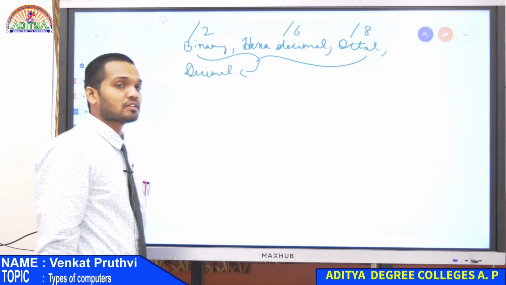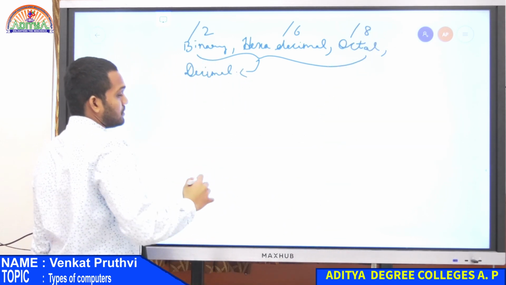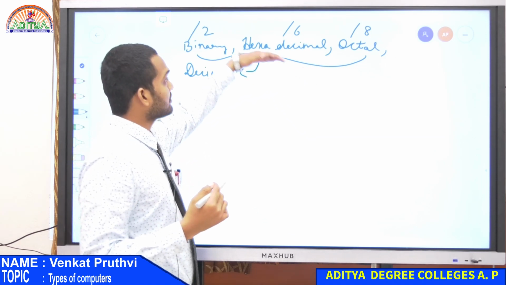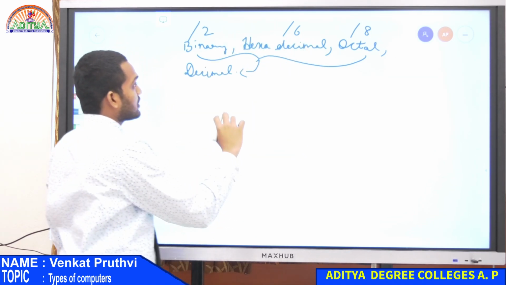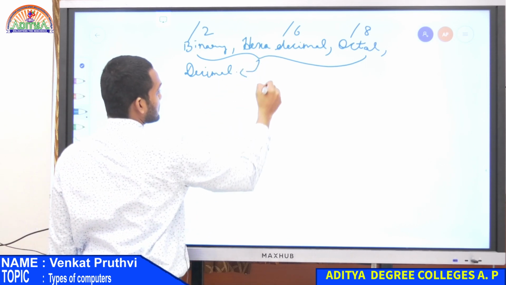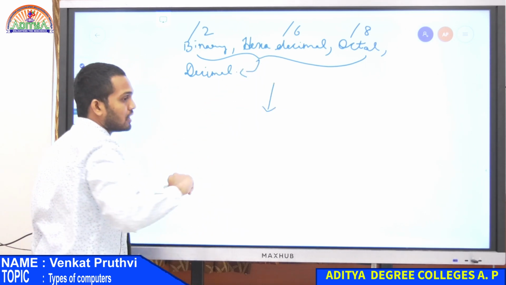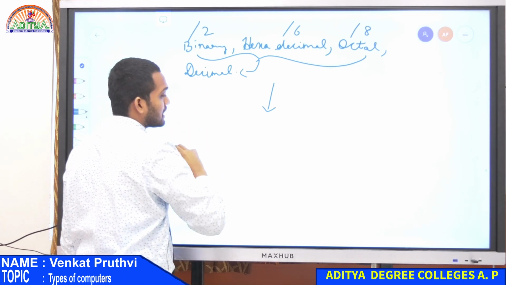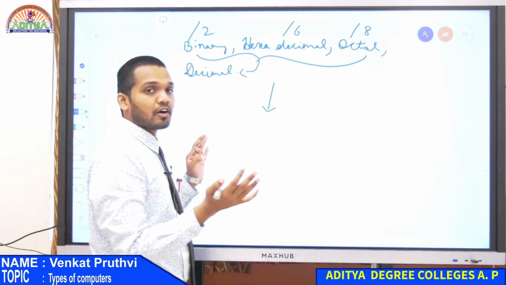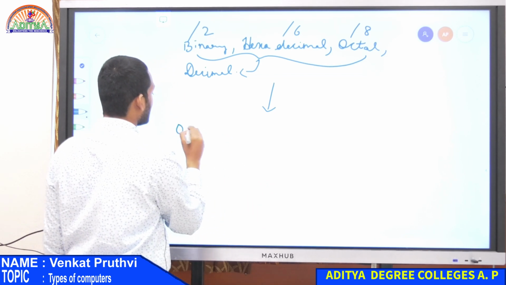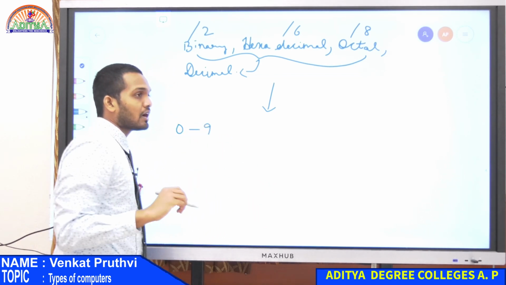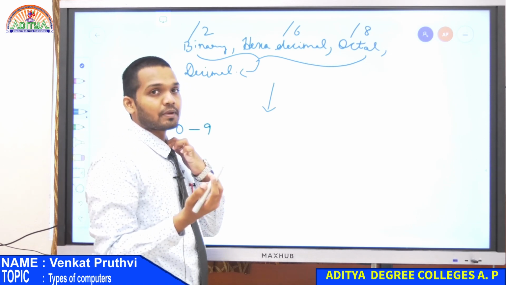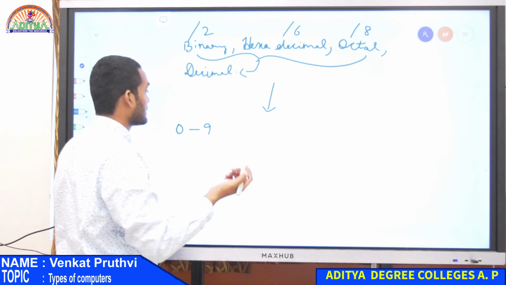If you want a number in hexa or octal, you have to divide it by 6 or 8. But with hexadecimal we have to consider one case over here. When we divide this number by 6, the general format of hexadecimal is 0 to 9, but you might get a remainder of 10, 11, 12, something like that.